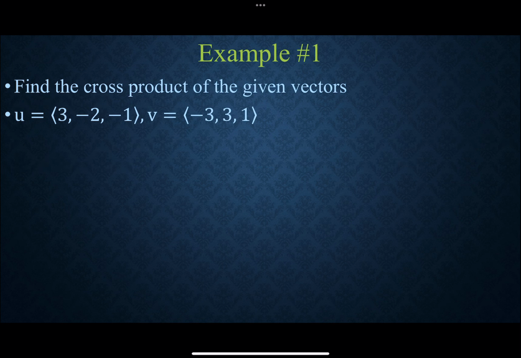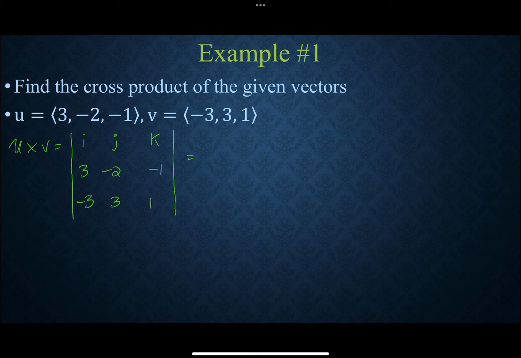So we want to find the cross product of U and V here, so U cross V. We would set up our 3 by 3 determinant. It's I, J, K, and then 3, -2, -1, -3, 3, 1.